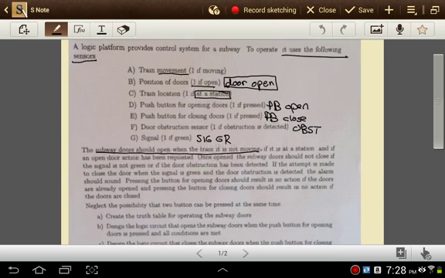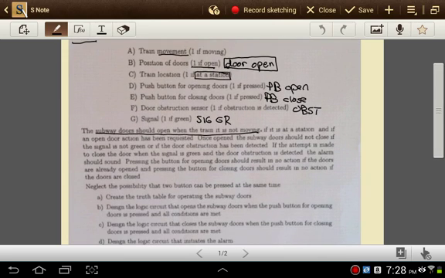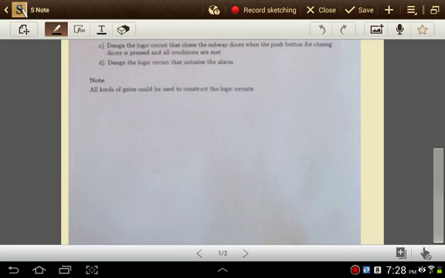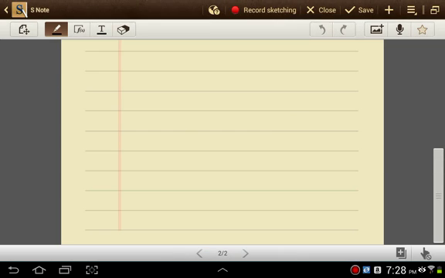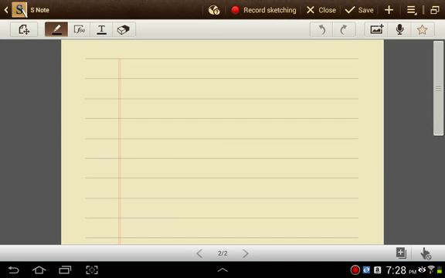Okay, so that right there tells me subway doors is going to be one of our outputs, because that's what we're controlling. What we're controlling is our outputs. So subway door.